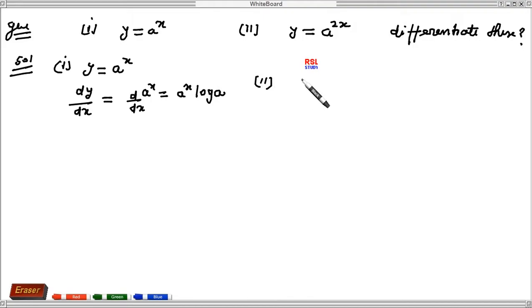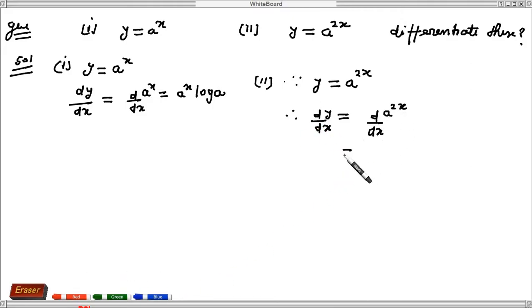Similarly, differentiation of the next one: we will differentiate with respect to x and feel that this 2x is a capital X, then this will come as a power 2x log a, and d/dx of this 2x will be 2. Just see it.